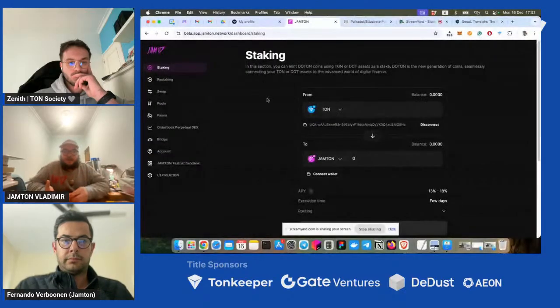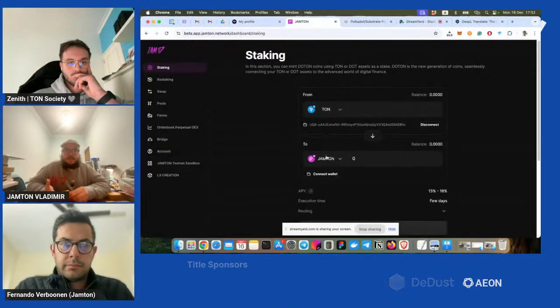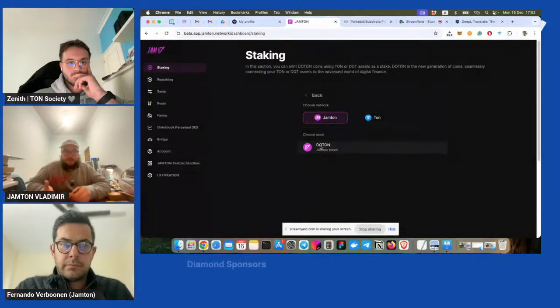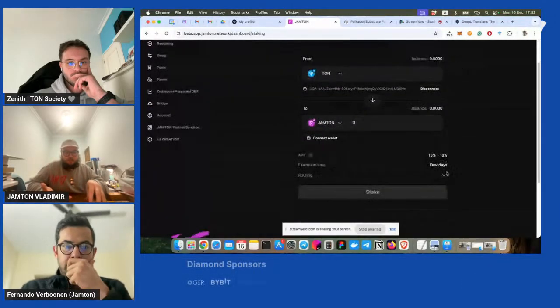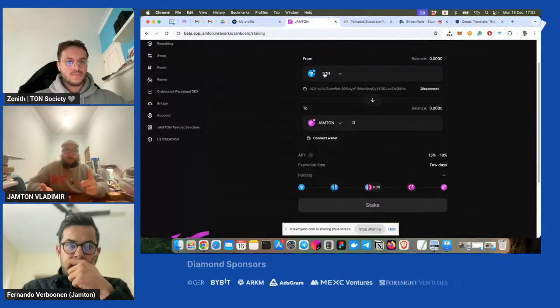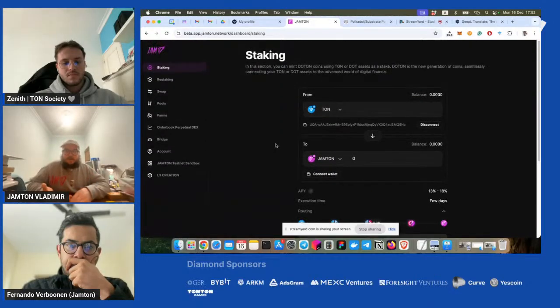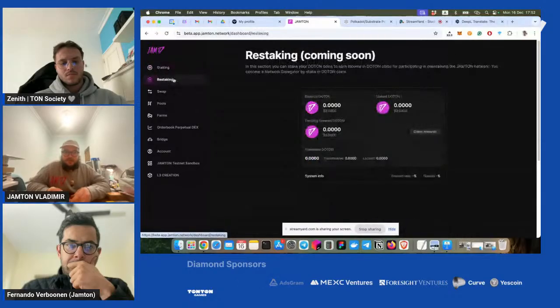This protocol doesn't have tokens, coins, or airdrops. It's a liquid staking protocol. When you mint the coin, whether you put in TON or DOT, one coin represents TON and DOT. It basically has liquid staking and restaking inside this staking protocol.